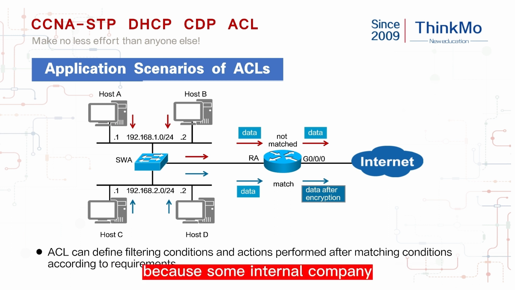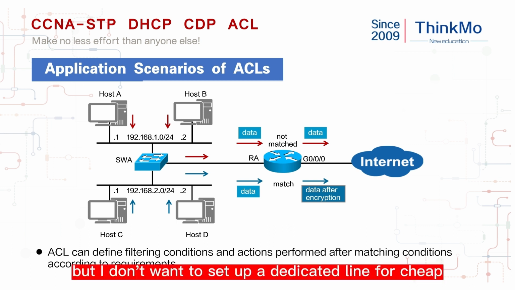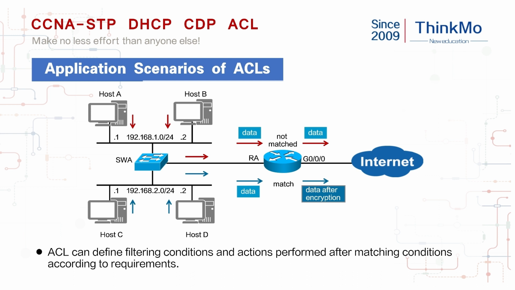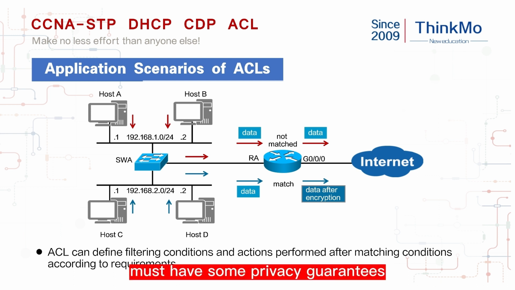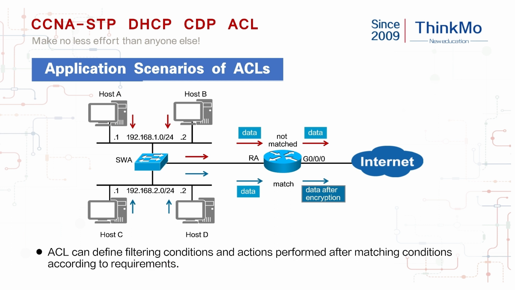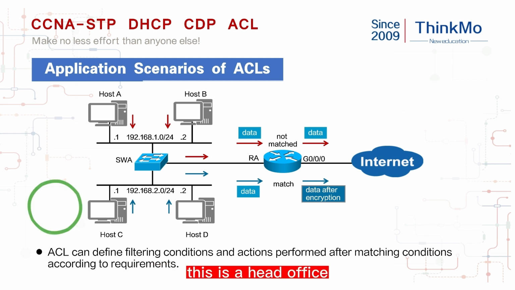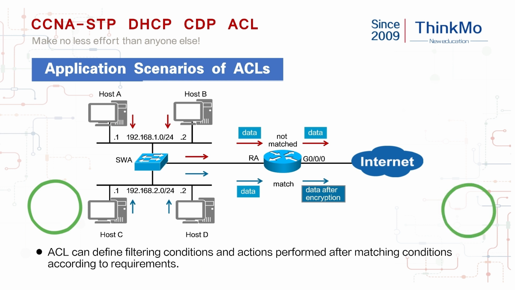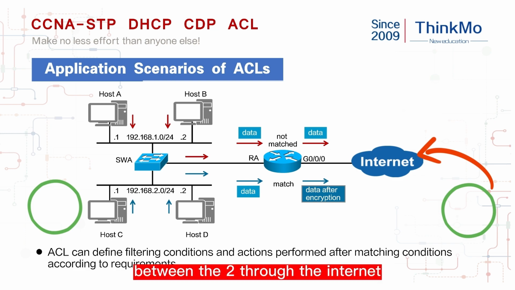Because some internal company data may be passed on in the future, but I don't want to set up a dedicated line for cheap. However, the transmission of data must have some privacy guarantees, so we want to encrypt the data. For example, this is a head office. This is a branch. Some data is transmitted between the two through the internet.